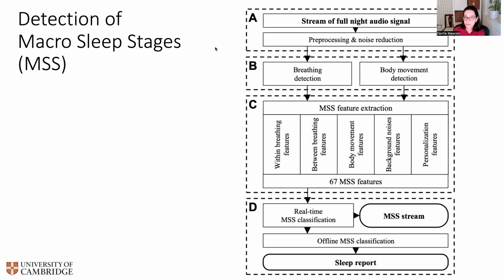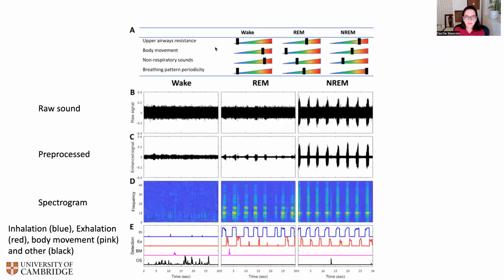And the paper describes, I guess, a bit superficially, a number of features that can be used to detect the macro sleep stages, which are these different phases of sleep that we have described. And the various features that are extracted are within breathing features, between breathing features, body movement features, background noise features, and other features. I'm not going to talk much about the real-time versus offline classification in this part of the lecture.